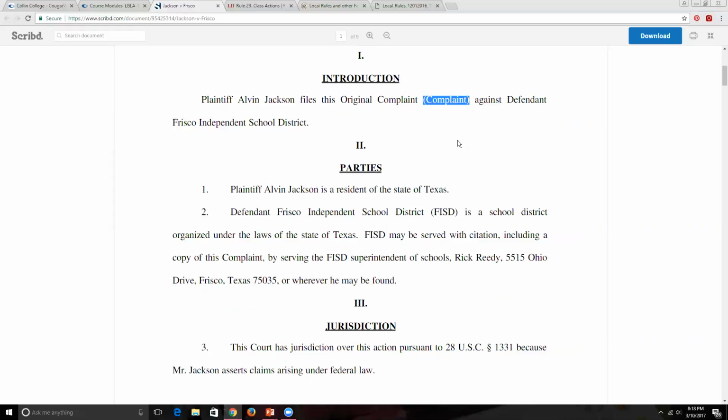Well, what the plaintiff is doing in this case is defining the term. Going forward, whenever you see in this complaint the word complaint with a capital C, it's referring to this original complaint. We've defined this term to be a synonym with this term.